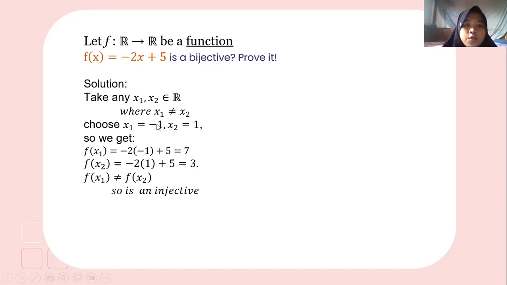Take any x1 and x2 element R where x1 not equal x2. So we choose x1 equals negative 1 and x2 equals 1. So we get f(x1) equals 7 and f(x2) equals 3. So we have f(x1) not equal f(x2). So this function is injective.